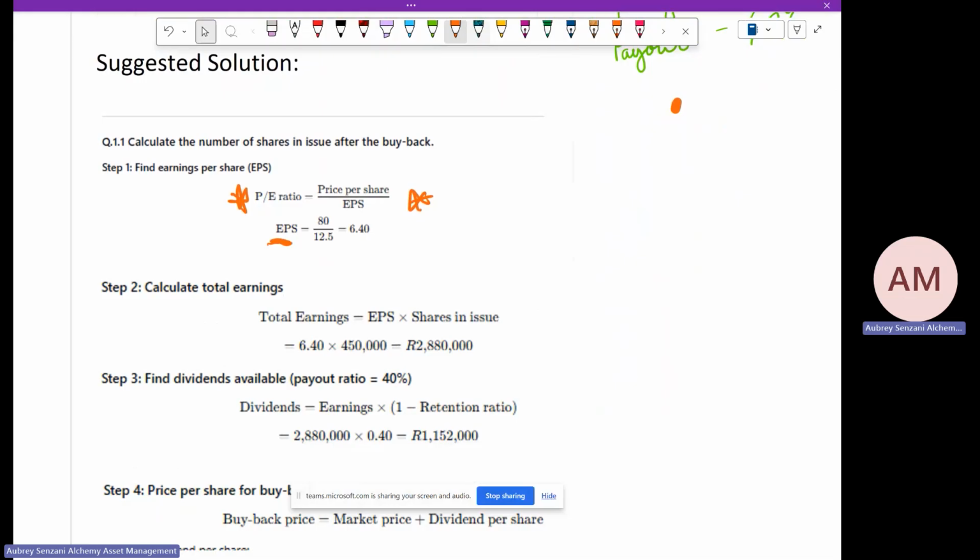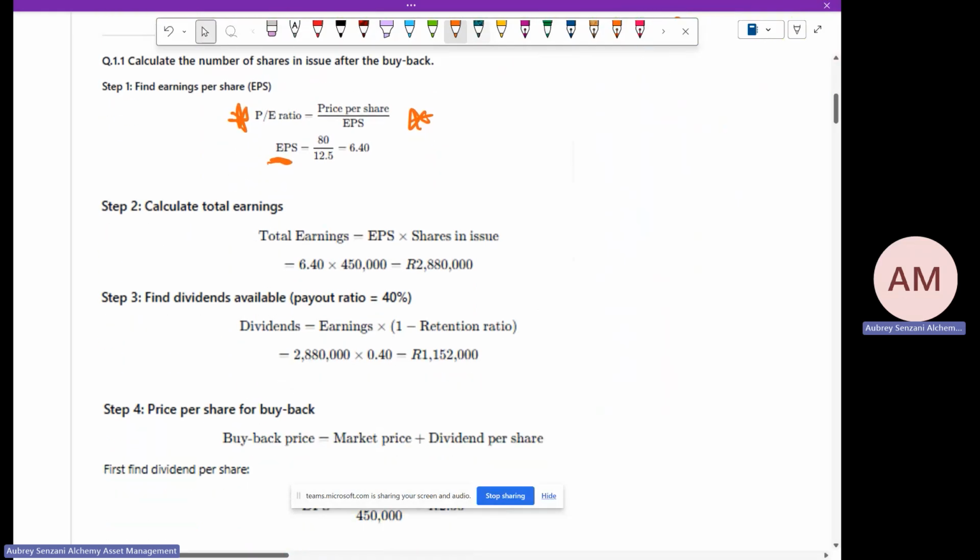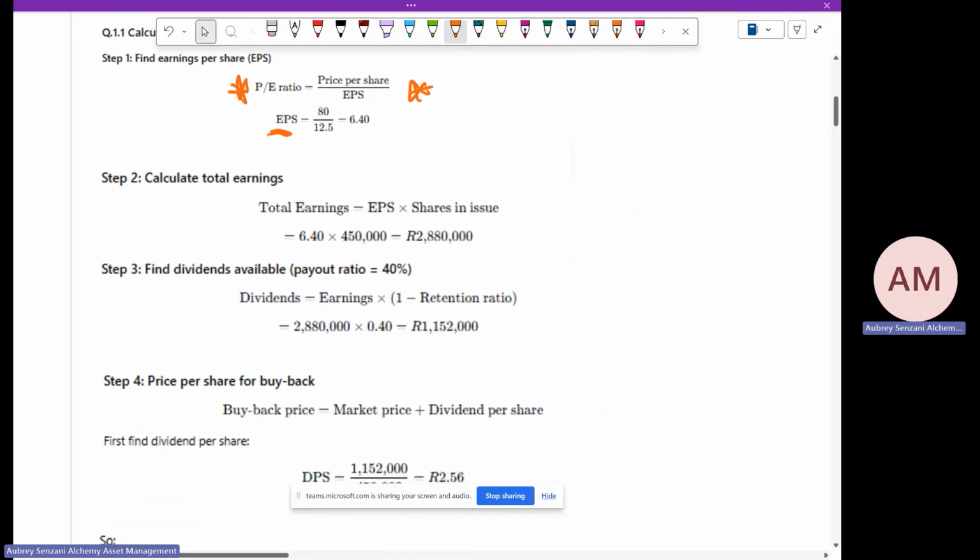To get your total earnings, you take your earnings per share and times it by the number of shares. Our total earnings is then 2,880,000.